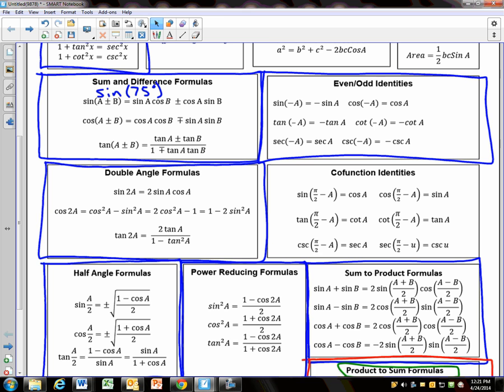Well, you could either do sine of 150 degrees over 2, or you could do sine of 135 degrees minus 60 degrees. So you'll have some choice, and being able to make that choice is what's important.